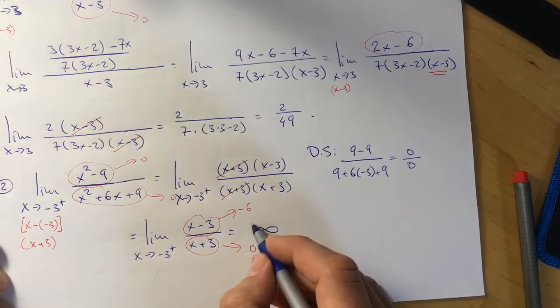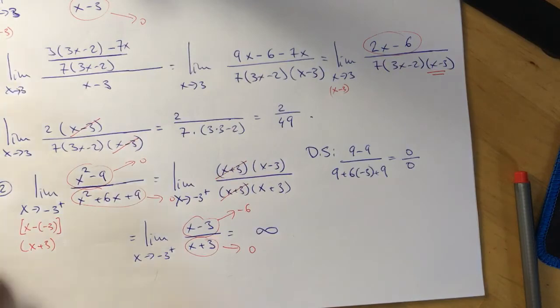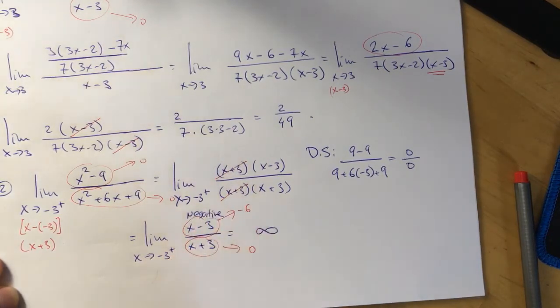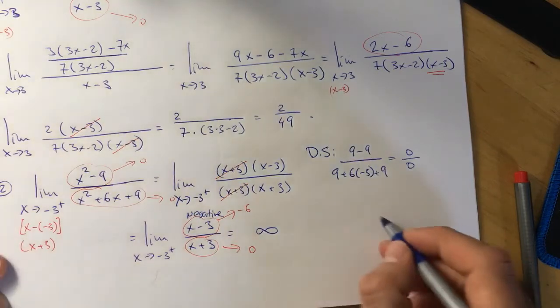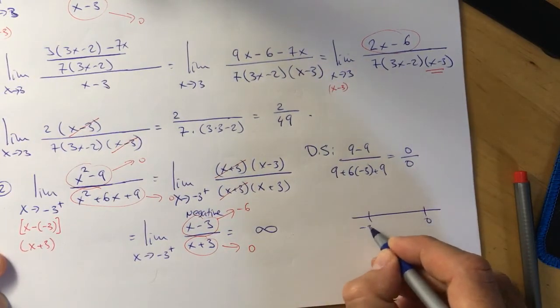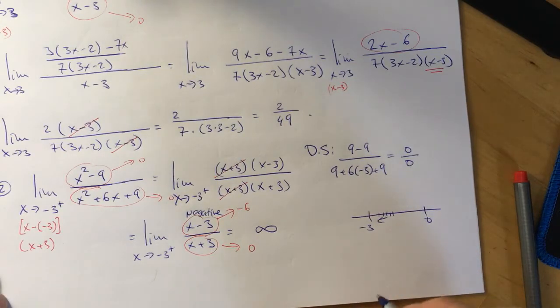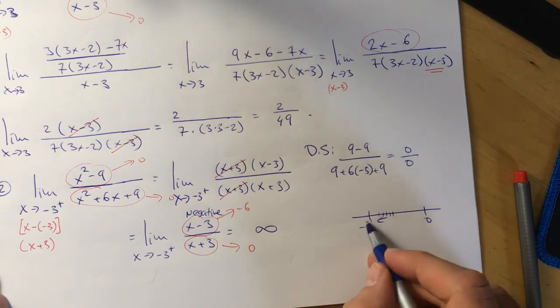Now we have to decide what's the sign of it. The numerator obviously is negative. What about the denominator? Well, I'm approaching -3 from the right. So if you approach -3 from the right, all of these numbers are greater than -3.